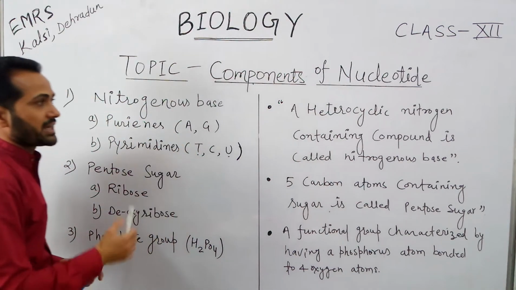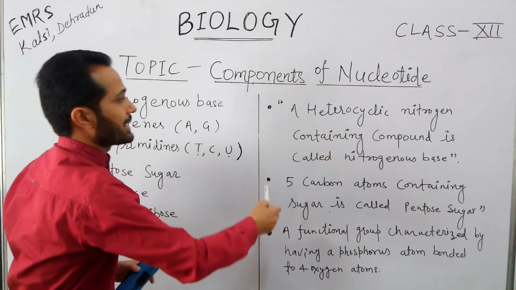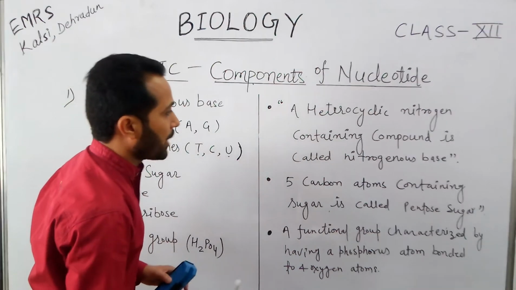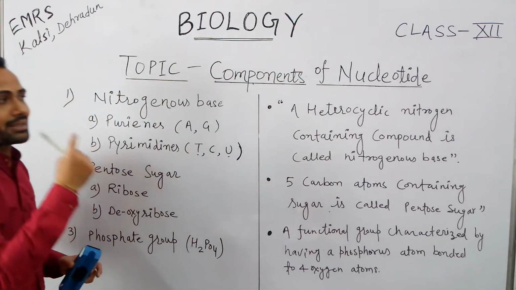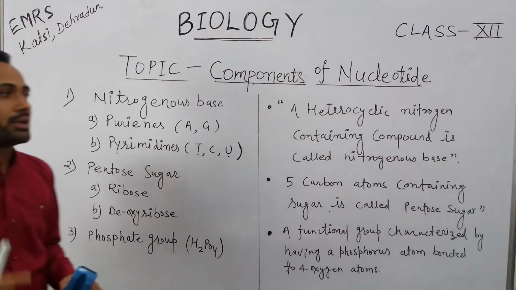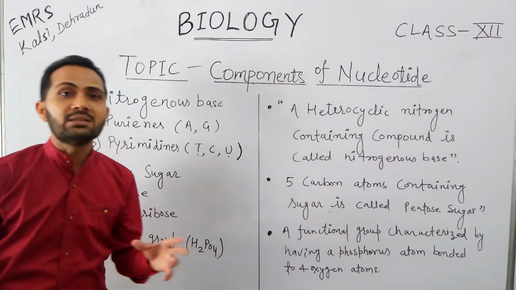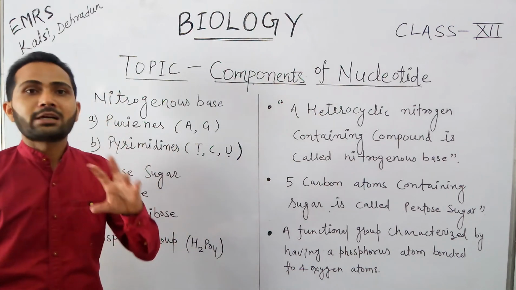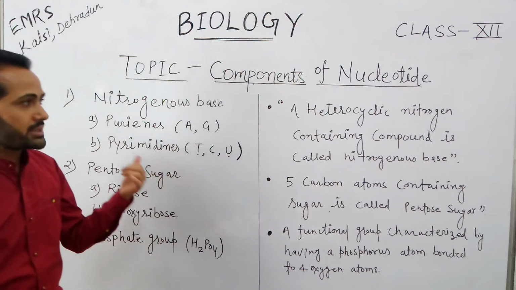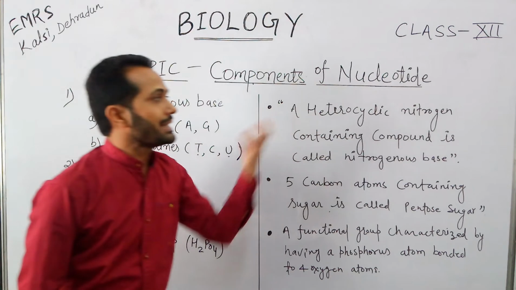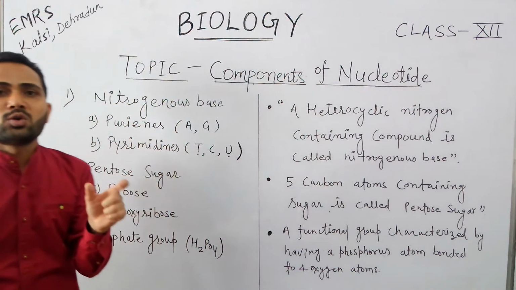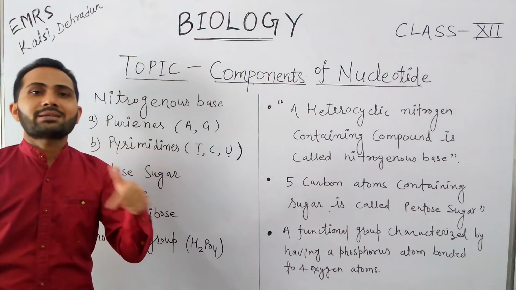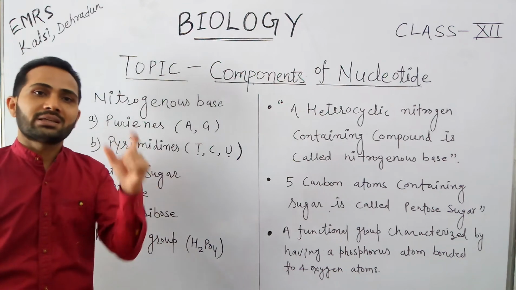What is a nitrogenous base? It is a heterocyclic nitrogen containing compound. A heterocyclic nitrogen containing compound is called a nitrogenous base. Heterocyclic means, as you know, there are some compounds which are cyclic, whose structure is a ring structure.